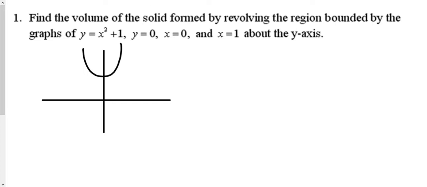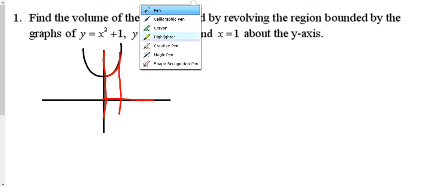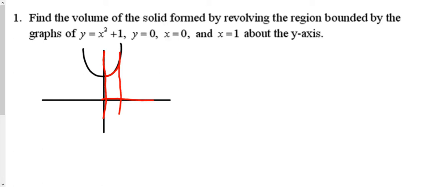Okay, so y equals 0 and x equals 0 are the x and y axes. Right? It's going to be that, and then the line x equals 1 should be something like that. So we've got the region bounded by this right here. So I'm going to highlight it here. We're going to be taking this region right here and revolving it about the y-axis.